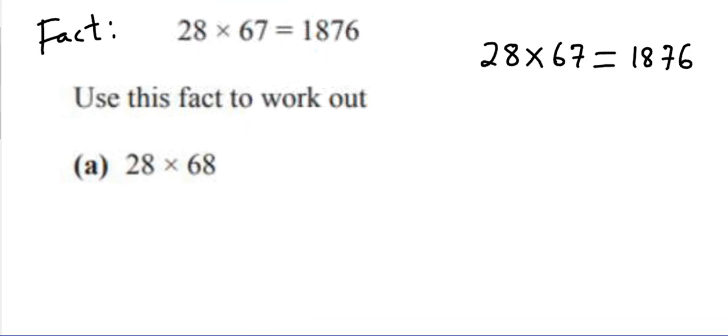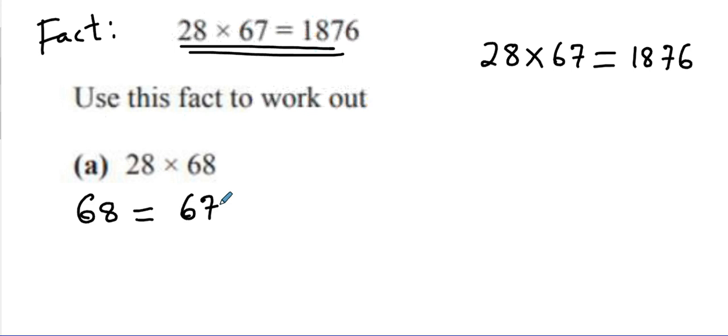Okay, so let us use this information given here. We know that 68 is the same as 67, which is the number we have here, then add 1. See that? That is what it means. That 68 equals 67 add 1. Can we see that?